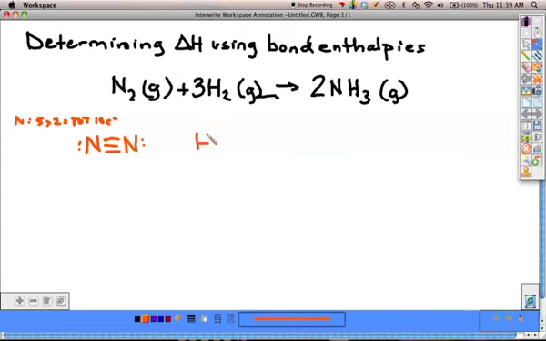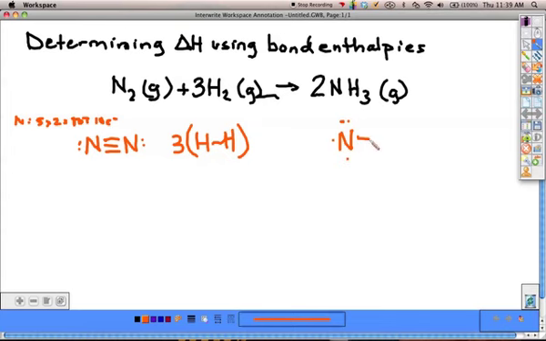Hydrogen can only hold 2 electrons because it's such a small atom, so it's just a single bond between the two. And I have 3 of those H-H bonds. Finally, NH3: nitrogen again has 5 electrons, 1, 2, 3, 4, 5.